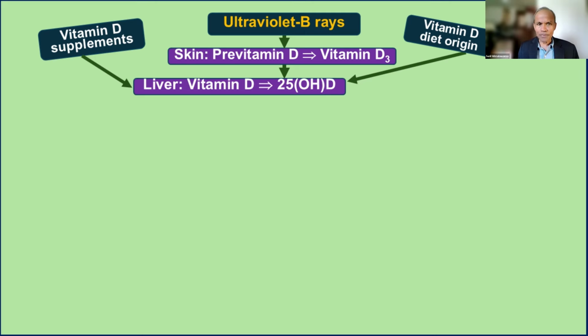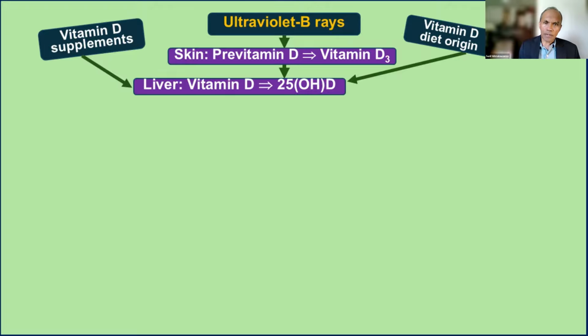So let's have a look at how the vitamin D system works. I told you there are two systems of vitamin D. Firstly, we generate vitamin D through ultraviolet B rays, converting 7-dehydrocholesterol to pre-vitamin D, and then to D3 in the skin, which gets into the circulation bound to vitamin D binding protein, because these are fat-soluble components.